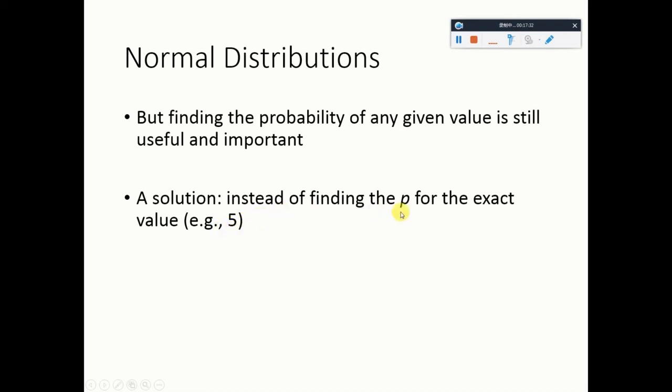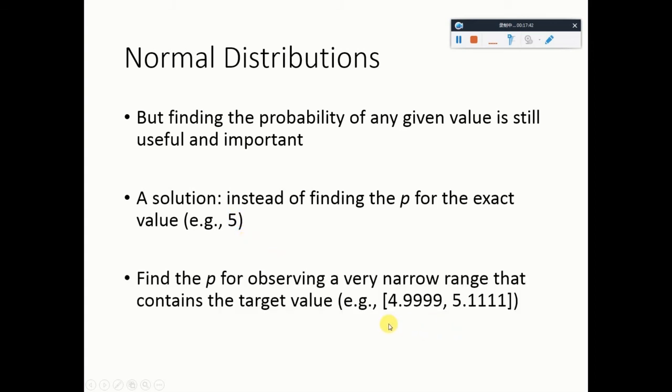So given that it is very difficult to find the probability of an exact value, what we can do then is relax our requirement and say it's okay to include some errors there. Recall we do talk about measurement errors, so anything that's not precise will be considered as error.